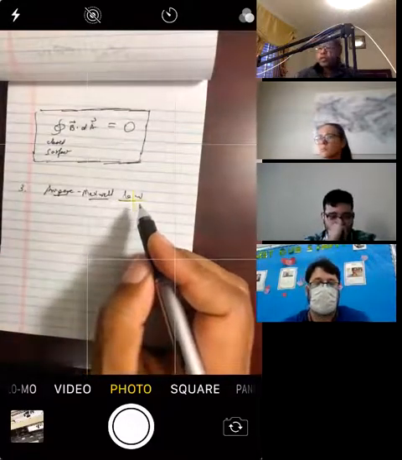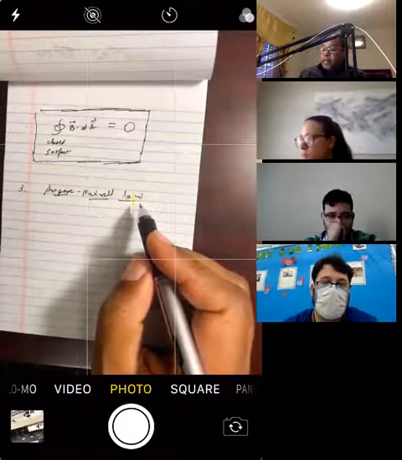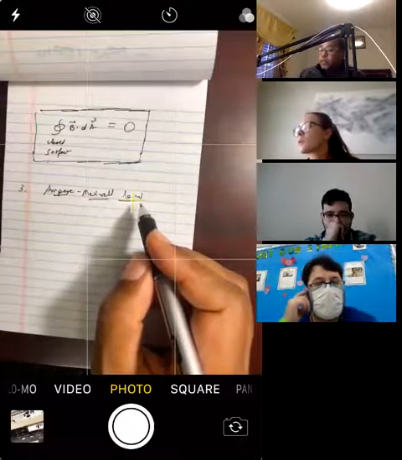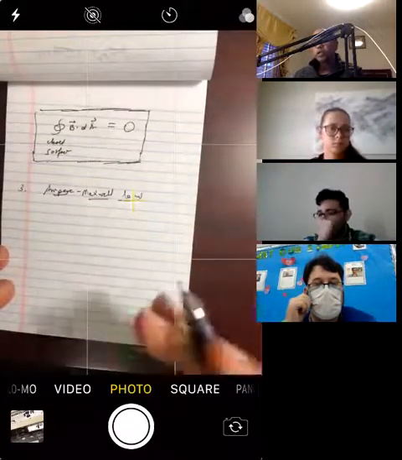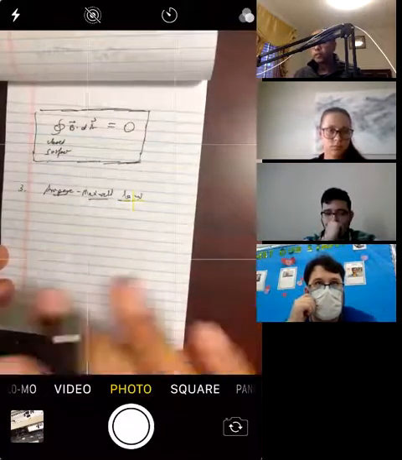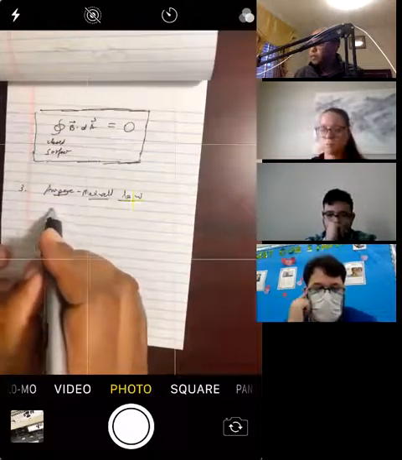It has to do with magnetic field. This is a line integral. If you take the line integral of the magnetic field in a closed path, it's proportional to the total current crossing the closed path. Okay, so let's write it. The line integral.